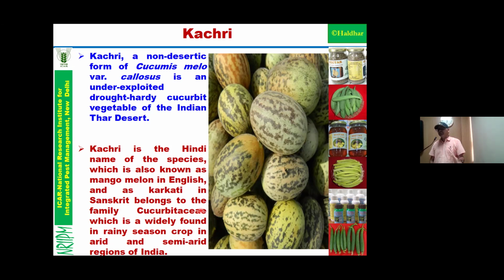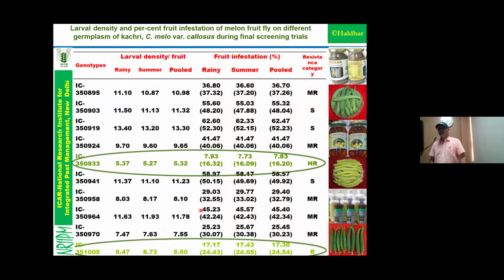The variety is different, but the species is the same. In our institute, one variety was released. When selling that seed, the police come because there is very high demand for these lines. AHK 119.